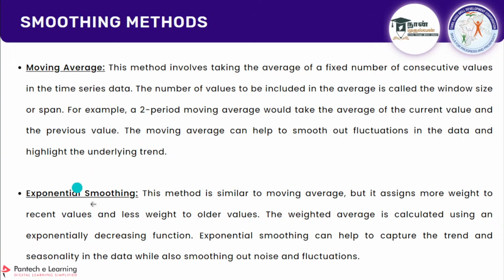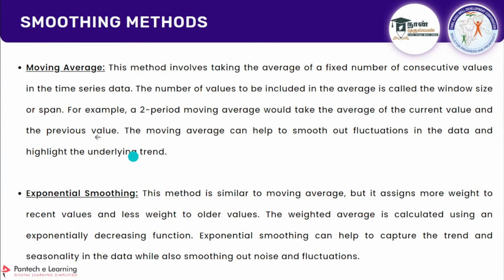When you go for exponential smoothing, this method is similar to moving average. You are going to set the window size, and it is going to take the previous value, but in the moving average you are taking the plain average, giving equal importance. If you want to find the value for the fourth one, you are taking 4 plus 3 divided by 2.